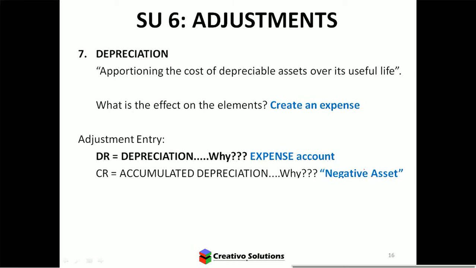What is carrying value? Cost minus the accumulated depreciation. Doesn't that give you the carrying value for property, plant and equipment, PPE?